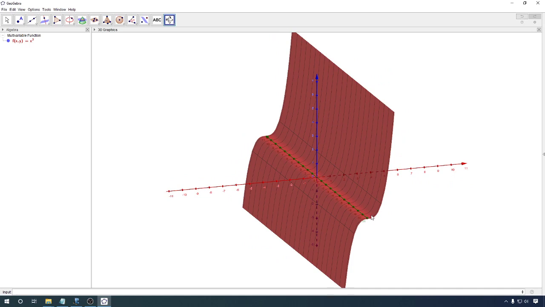Along the y-axis, all these points are critical points because in the x direction they have a zero derivative just because that's how the function x cubed works. But in the y direction, well, the y cross section is exactly the y-axis.